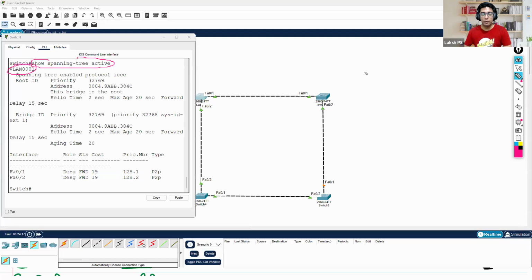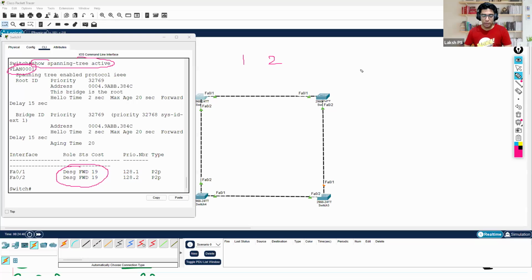But as I said, when we do a show spanning tree active, it will say for VLAN 1, which are the interfaces in the designated port role or forwarding state. For VLAN number 2 also, it will show which interfaces are in the designated port role or different port roles.